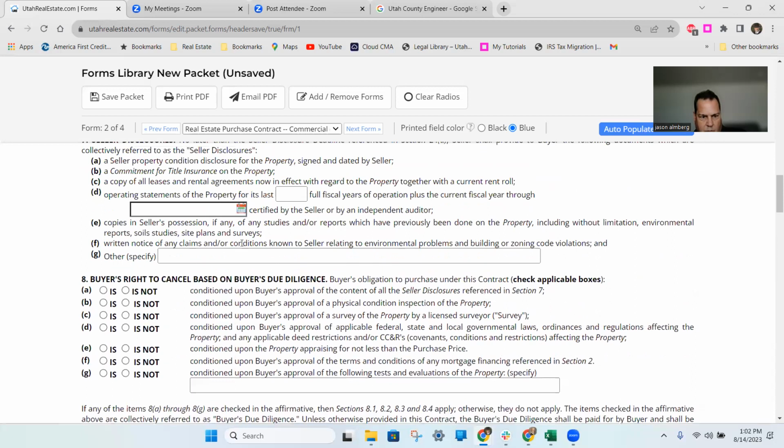Buyer's right to cancel is based on buyer's approval of the content of the seller's disclosure, buyer's approval of the physical condition inspection, buyer's approval of a survey of the property, buyer's approval of all the applicable laws, property appraising for not less than the purchase price, approval of terms. You notice that it's a little more specific about under the due diligence what they can walk away from.